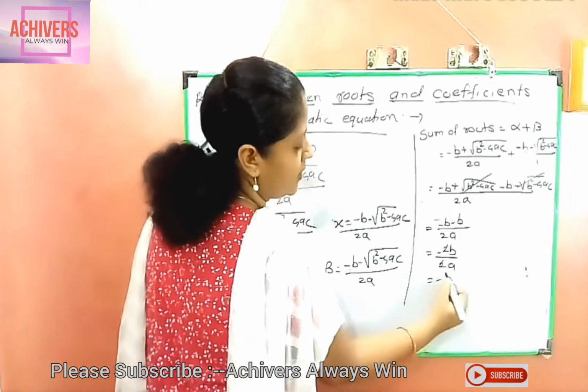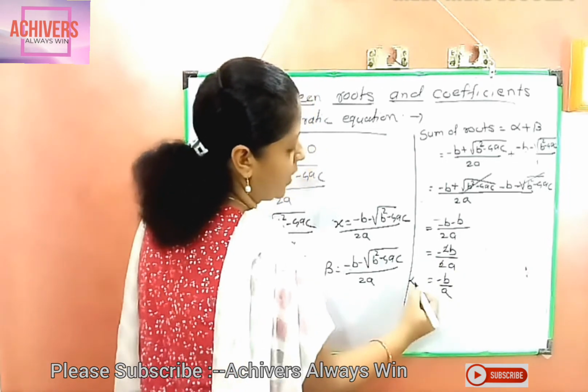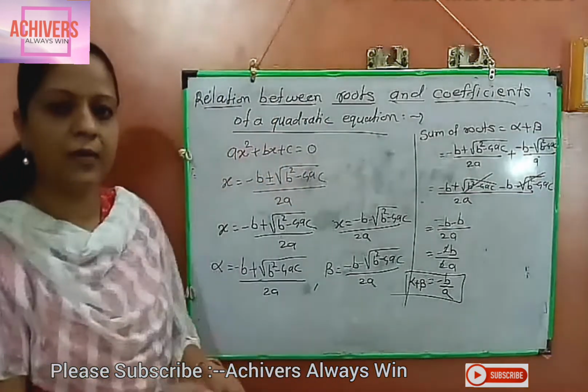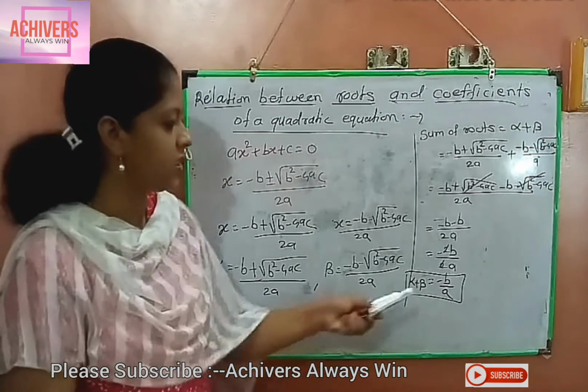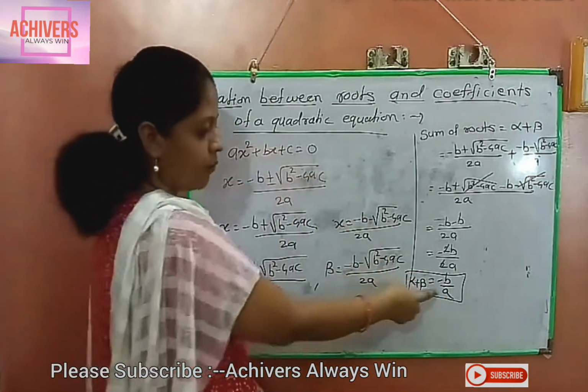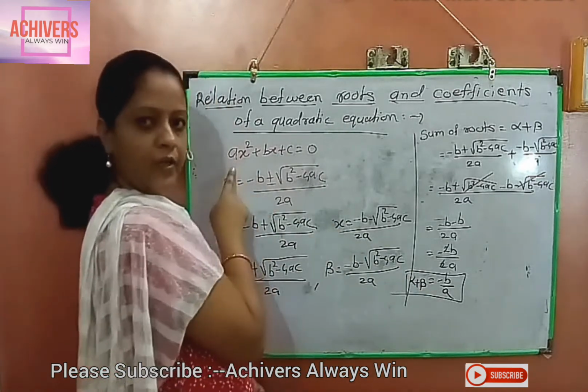The 2 gets cancelled, minus b by a. Which value is this? Alpha plus beta, the sum of roots of a quadratic equation, is equal to minus b, meaning minus the coefficient of x, upon a, the coefficient of x square.